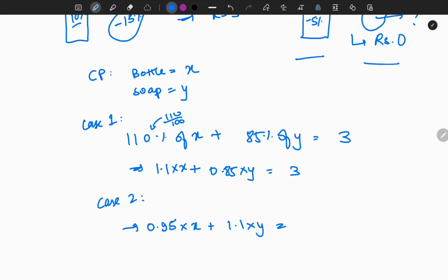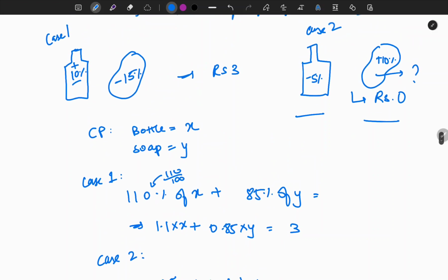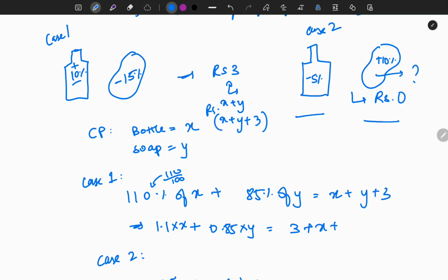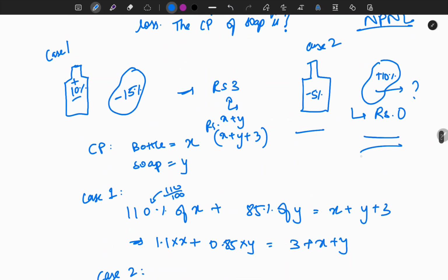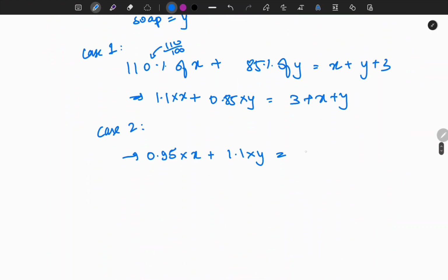Rupees 3 profit means that if he bought it at X plus Y, both of it, he's selling it at X plus Y plus 3 rupees. So this would be X plus Y plus 3, which would reflect here. Similarly, no profit no loss means that he bought it at X plus Y and he's selling it at X plus Y.